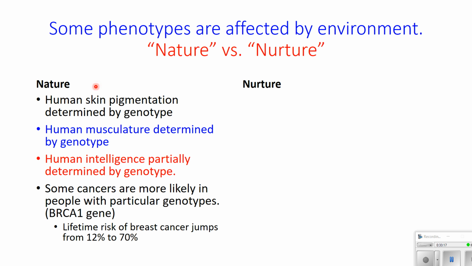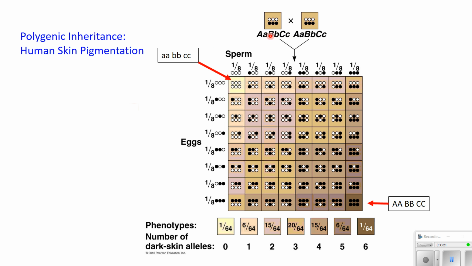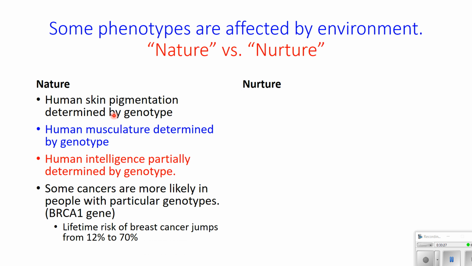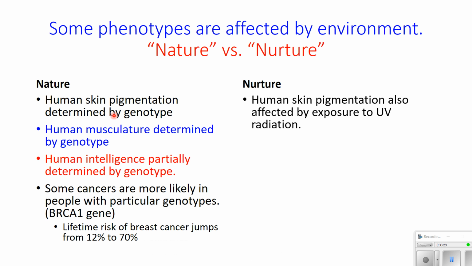So for example, human skin pigmentation, as you just saw, is determined to a large extent by the genes that were passed down to you from your parents. But we all know that the more time you spend in the sun, the darker, at least temporarily, the more pigment your skin will produce. And so you spend a lot of time exposed to ultraviolet radiation, you're going to get a tan.